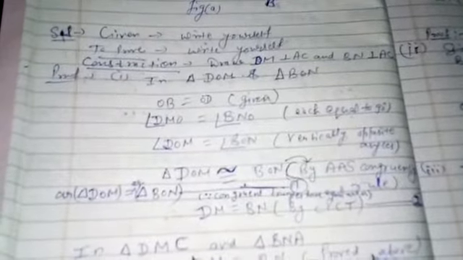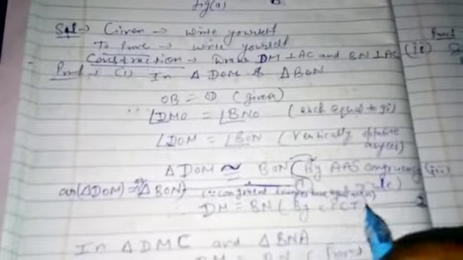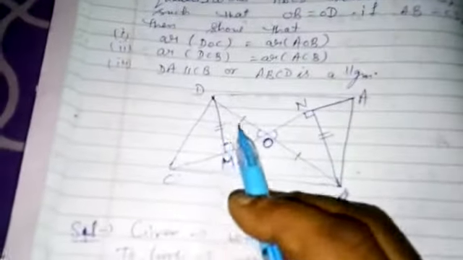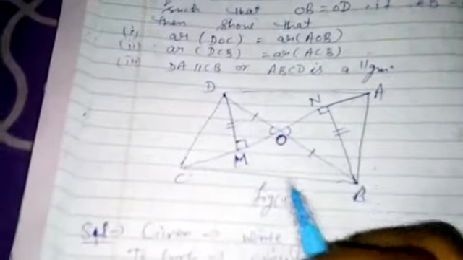Now by CPCT you can write DM is equal to BN. When we have proved these triangles congruent, we can write DM is equal to BN by CPCT.